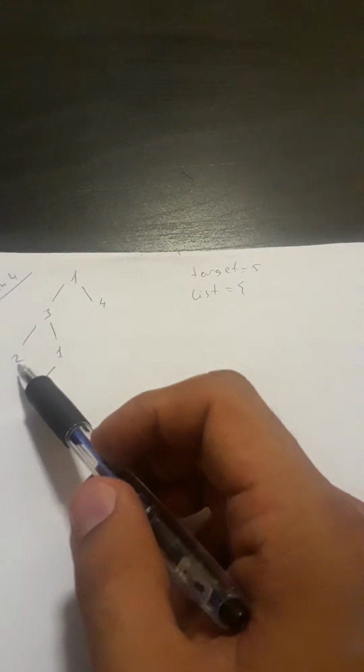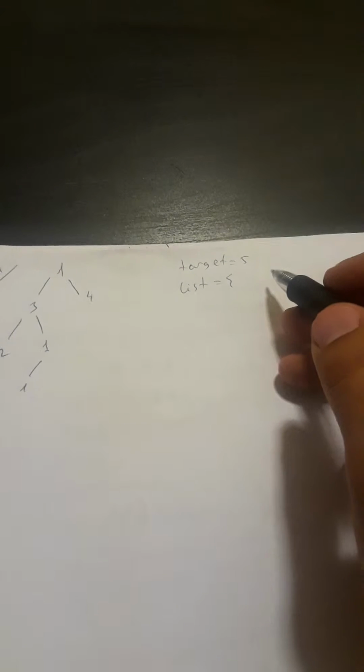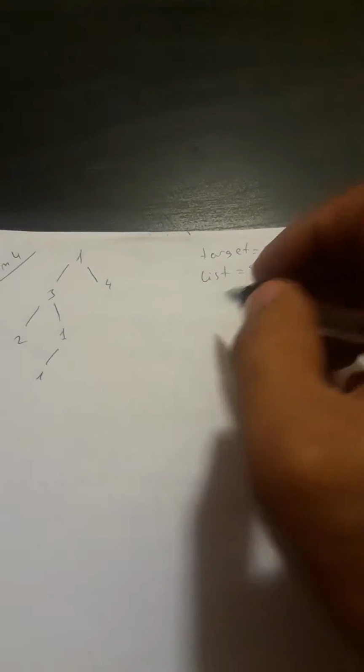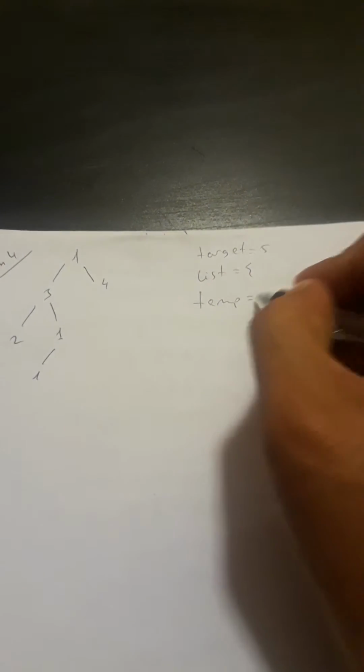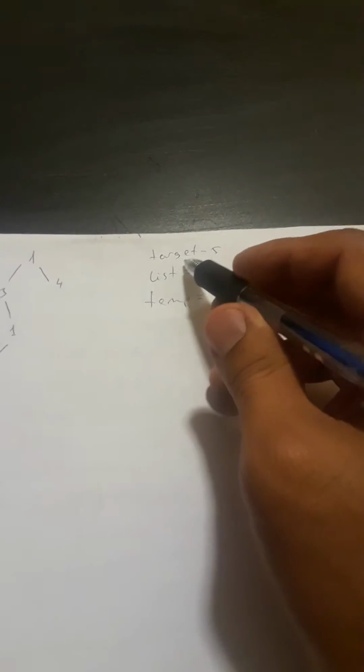Once we reach the bottom of the tree, we'll declare another temporary variable where we'll add up elements from the list and check if it's equal to the target.